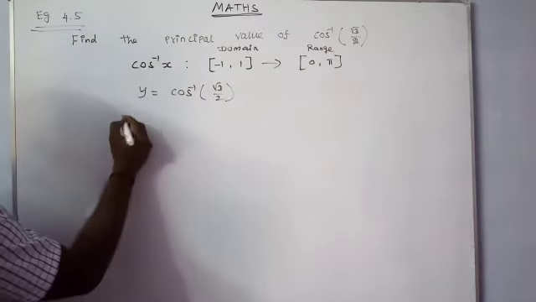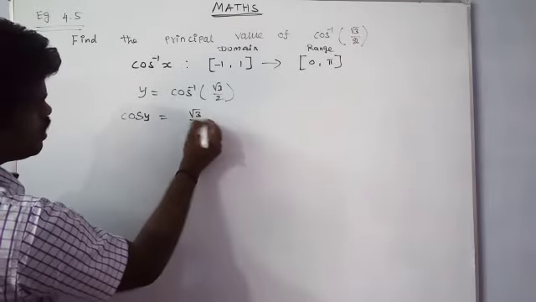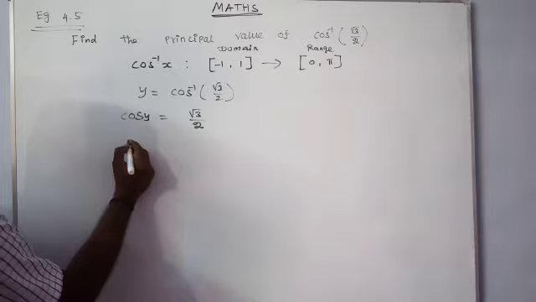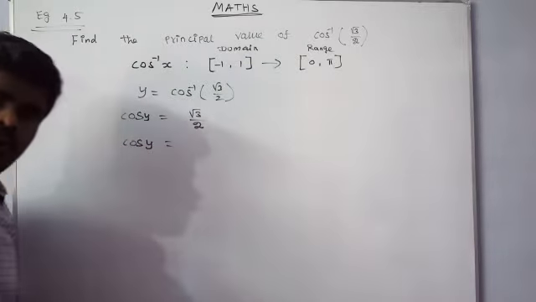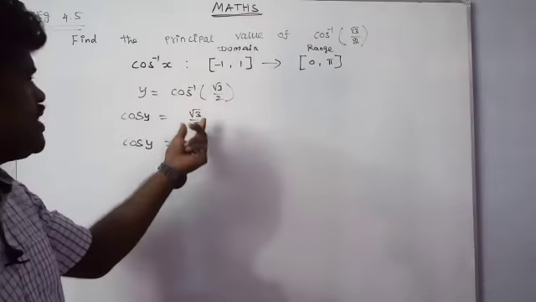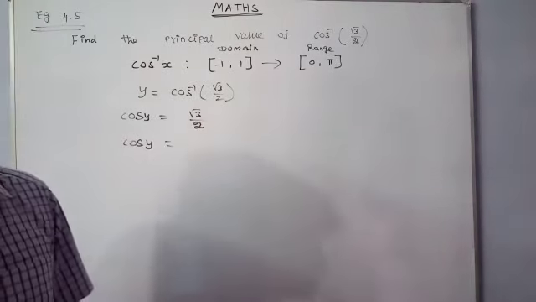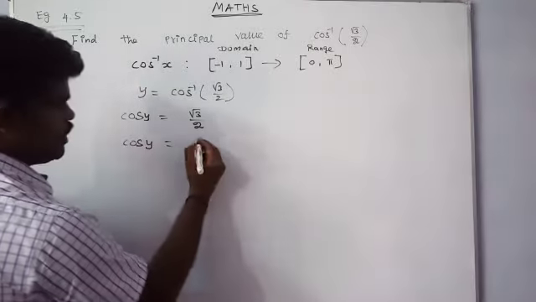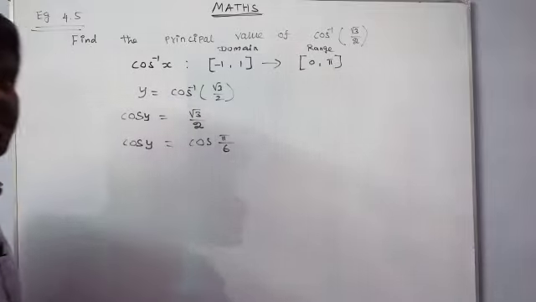Let y is equal to cos inverse of root 3 by 2. Take cos inverse to this side. Cos y is equal to root 3 by 2 here, and what is the cos value of which degree which makes root 3 by 2 in cos? Okay, right. Cos of pi by 6, because 30 degree.